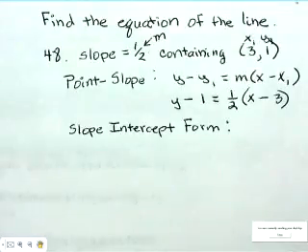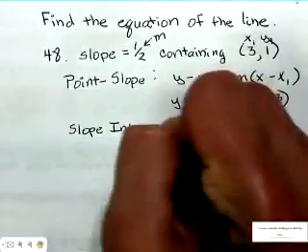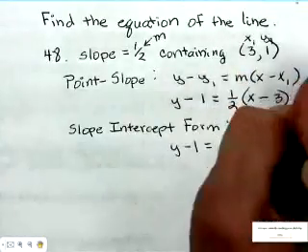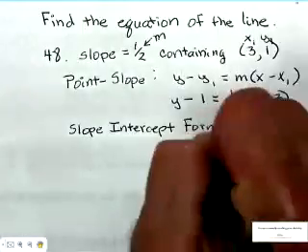How do I get an equation in slope intercept form? Solve for y. You'd have to clear out the parentheses. And then add 1 to both sides.